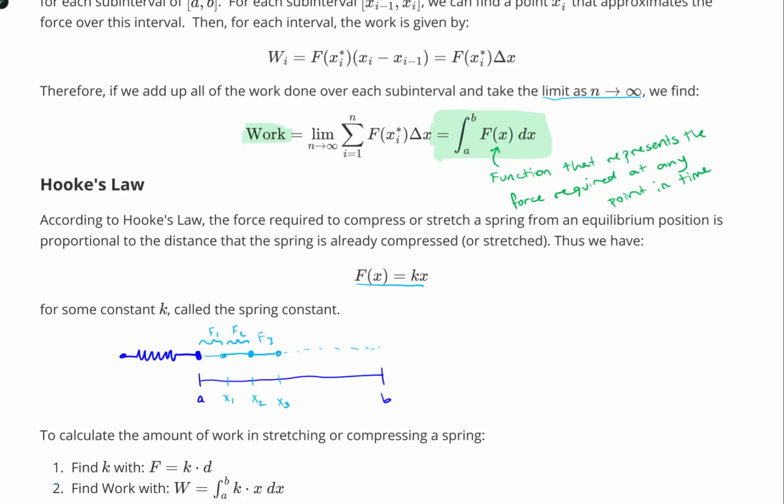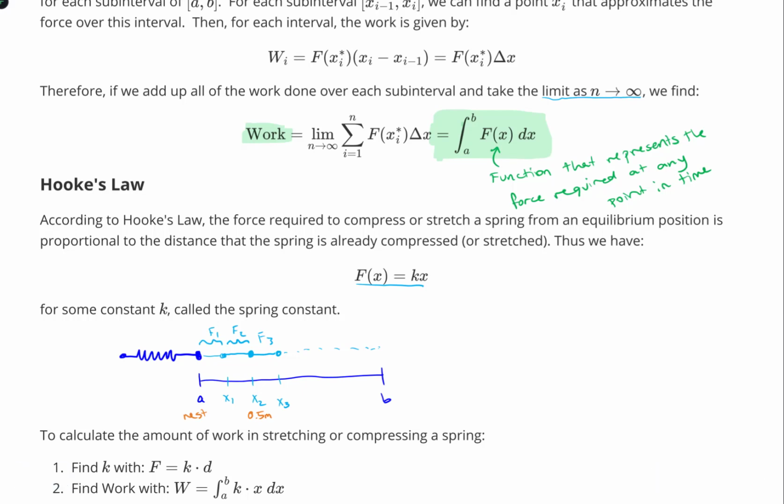Now, we do need to know this spring constant. Most of these problems will give us basically a snapshot. So let's say we have a snapshot at x2, where A is at rest and x2 is 0.5 meters.